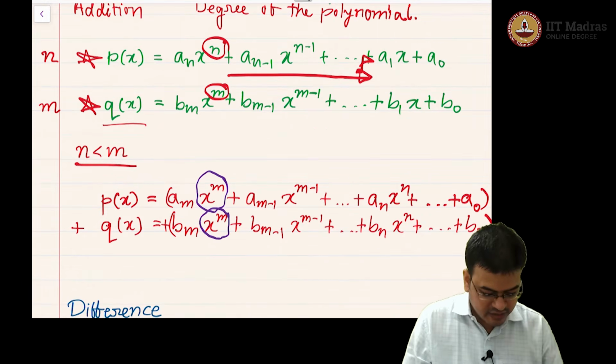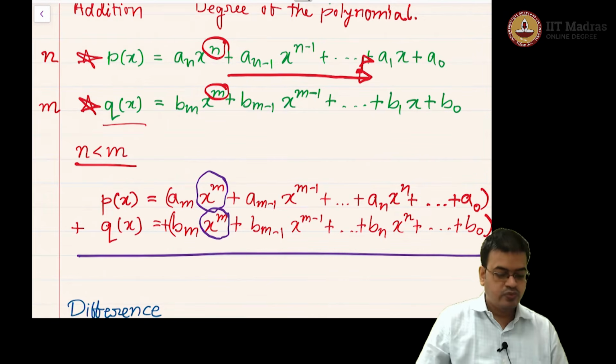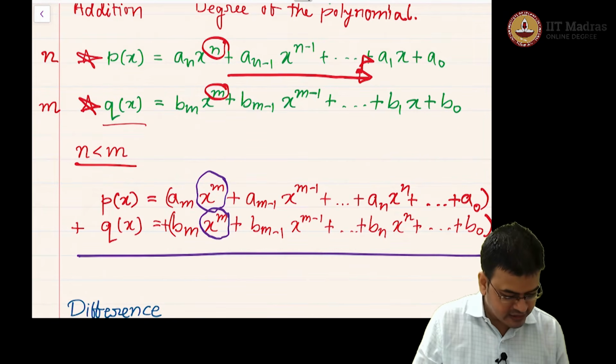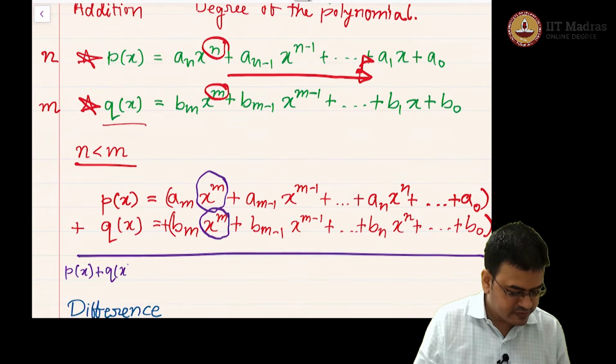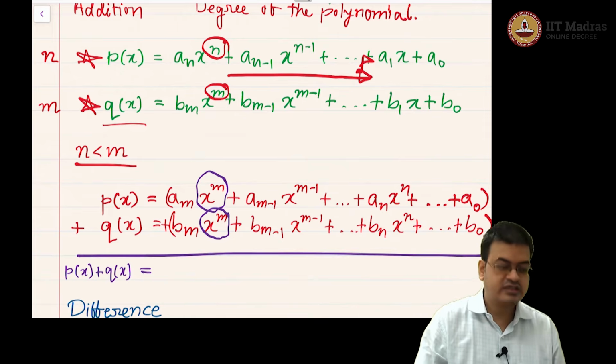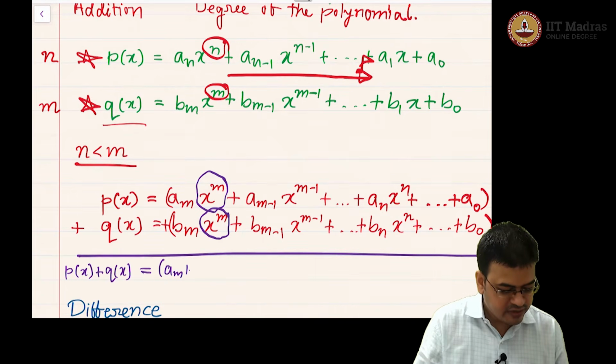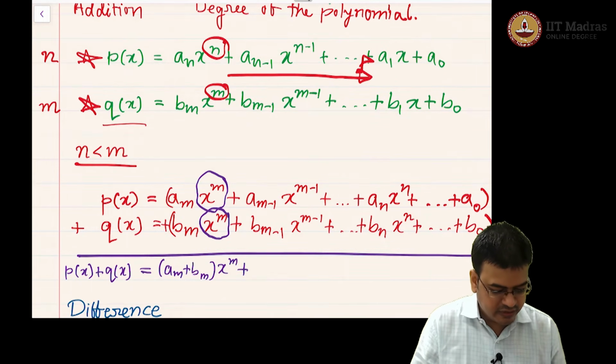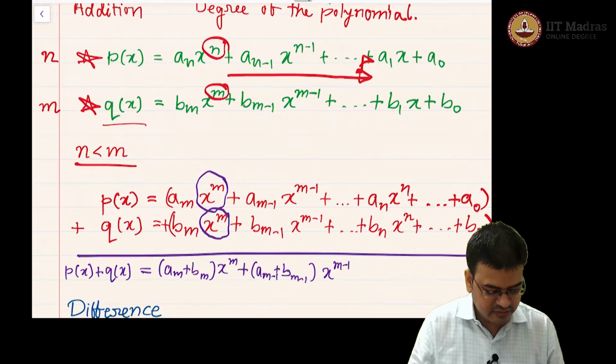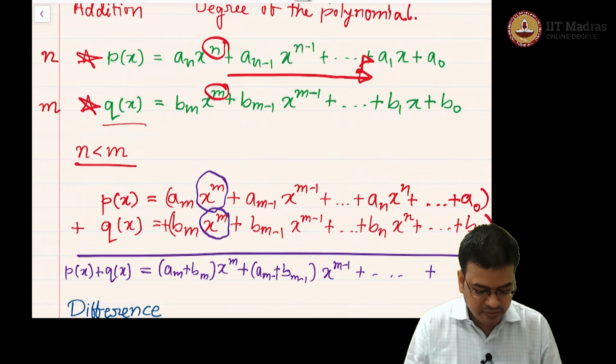Therefore my resultant polynomial will be very simply written as p(x) + q(x) equal to, taking the terms containing x^m and summing them together, (a_m + b_m) x^m + (a_(m-1) + b_(m-1)) x^(m-1) and so on up to a_0 + b_0.